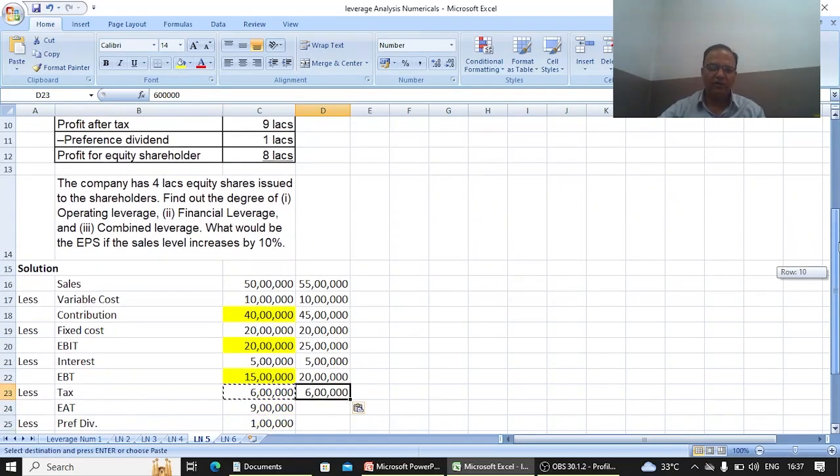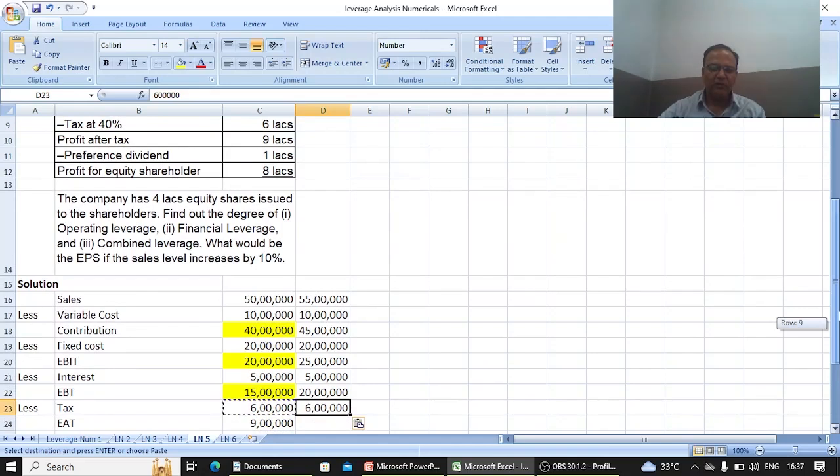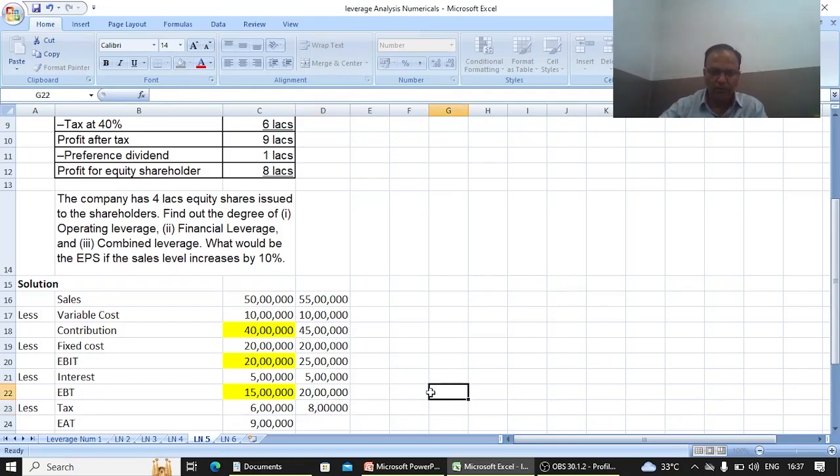Tax will not be same, because the rate of taxation is given as 40%. So tax will be 8 lakh, 40% of 20 lakh. This is 12 lakh.